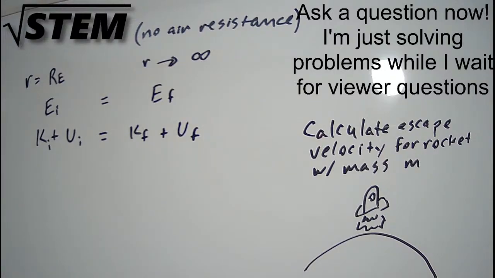So we're going to assume that at the beginning our rocket is in motion. So we have V initial taking us upwards, and once we get really far out away from the Earth, we'll have V final being 0. So once we get far enough away, we can completely stop moving, and the Earth will still not be able to pull us back down.